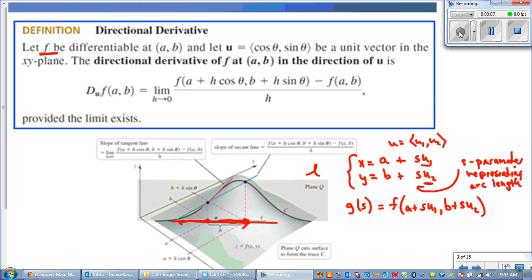So we're just evaluating points on that line L at F and assigning those values to the function G. So the function G will have the same values as the function on that surface. So that means then that G prime of S will be the derivative of F if we're at a point on that line.